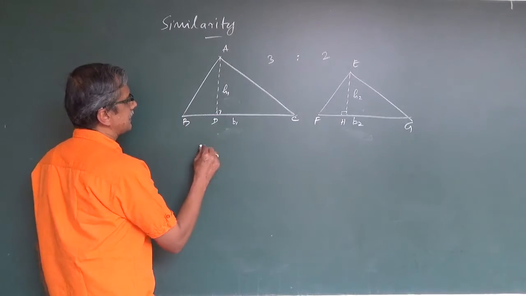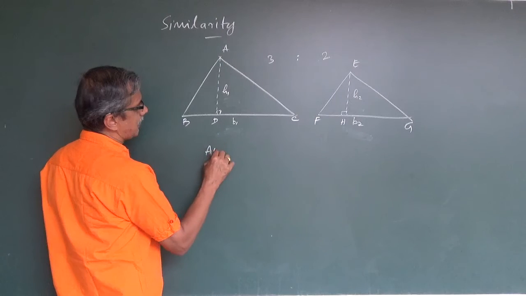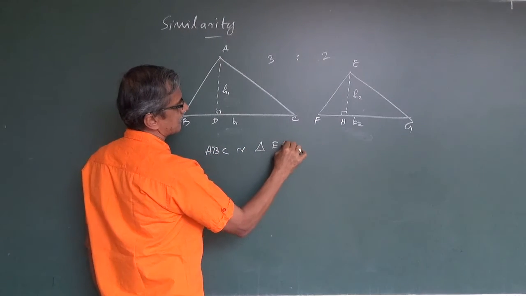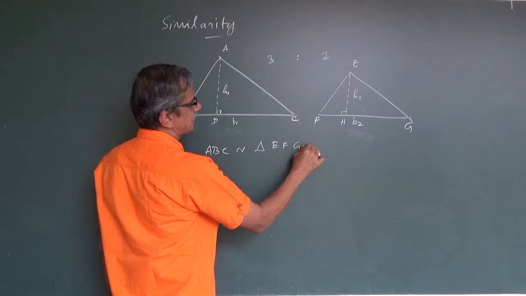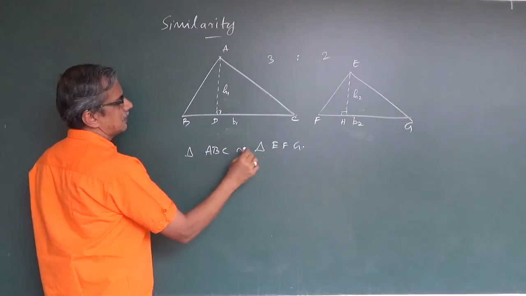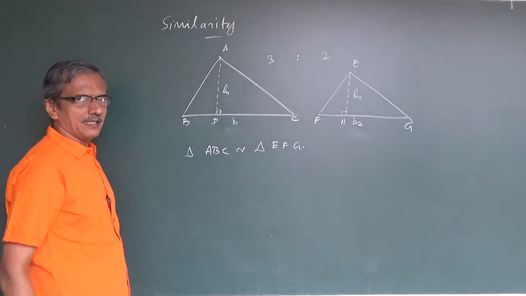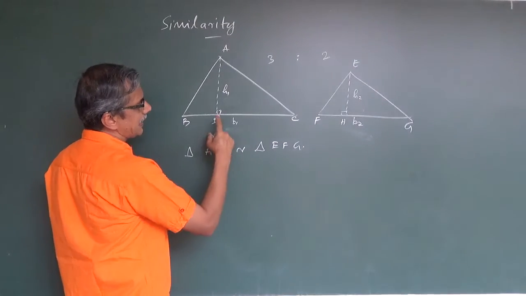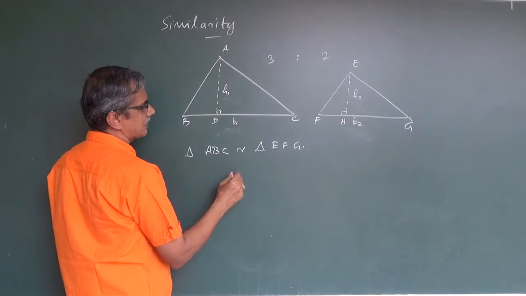So what I am telling is, it is given that triangle ABC is similar to triangle EFG. This is given. Then AD and EH are the altitudes.